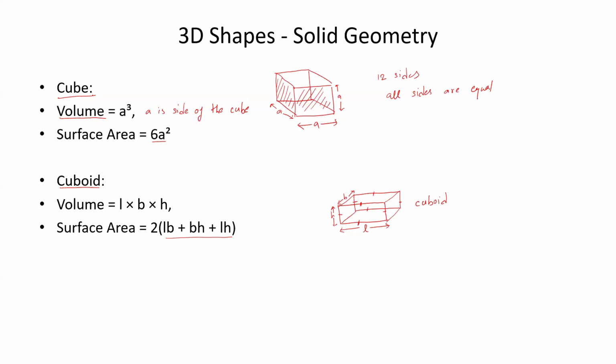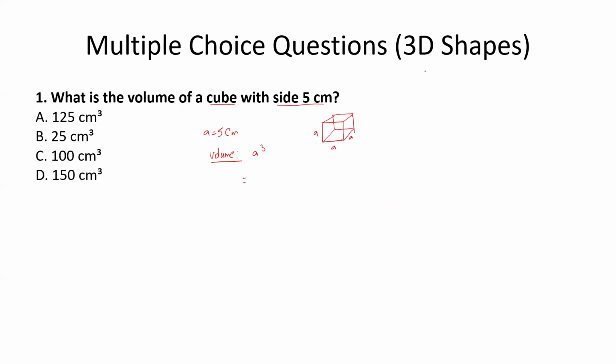This is the shape cube, volume is A cube, where A is the side of the cube. So you just have to multiply 5 three times, 5 into 5 into 5. So it is 125 centimeter cube, because we are multiplying centimeter three times. So option A is correct.